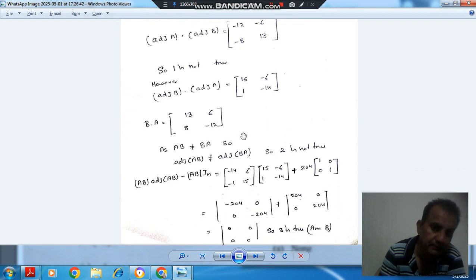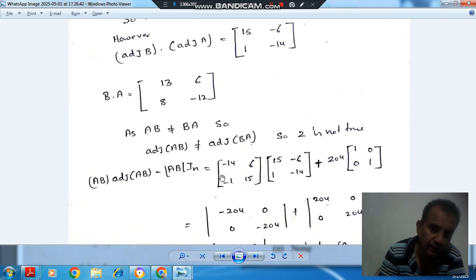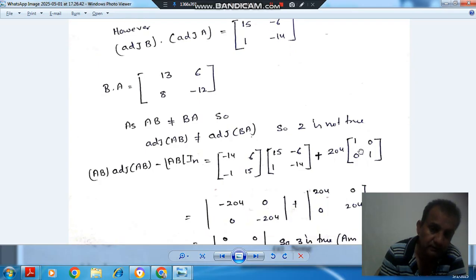But if we check the third, AB we have found as -14, 6, -1, 15, and adjoint AB is 15, -6, 1, -14. The modulus of AB, or determinant of AB, is 15 into -14 plus 6, which would be -204, and I_n is the unit matrix.